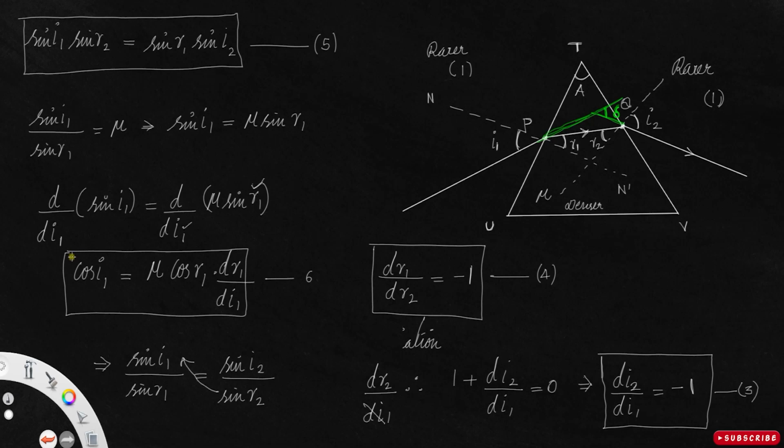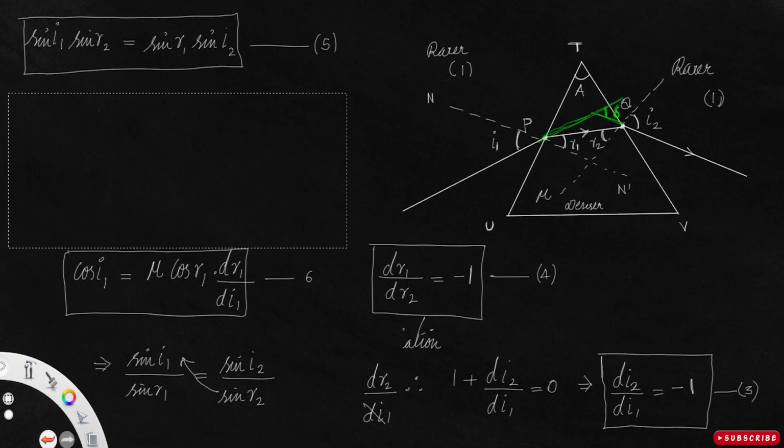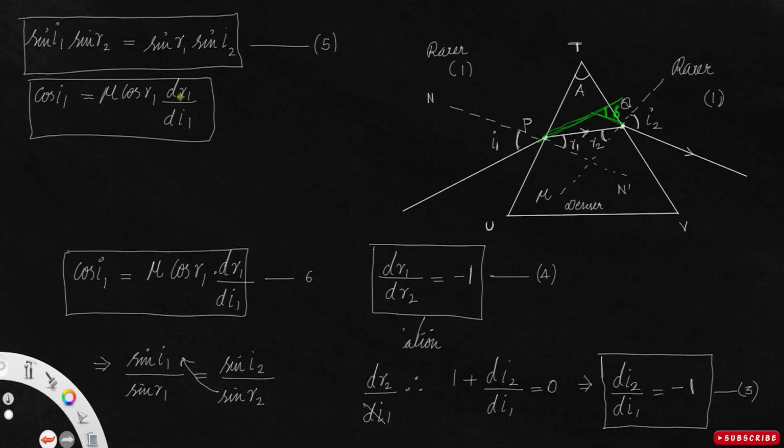Again, let me write this equation here: cos I1 is equal to mu cos R1 into dR1 by dI1. Okay, that's our equation number 6.